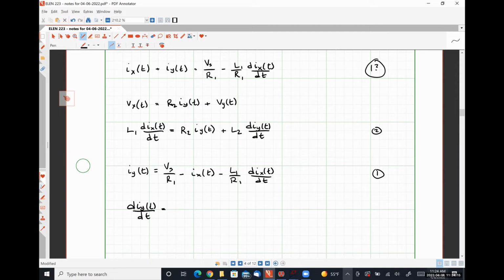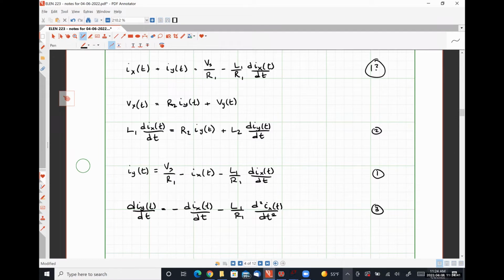All right. What's the derivative of negative Ix? The derivative of Ix, right? So negative dIx by dt minus L1 over R1, and then the second derivative, like so. Let's call this 3.